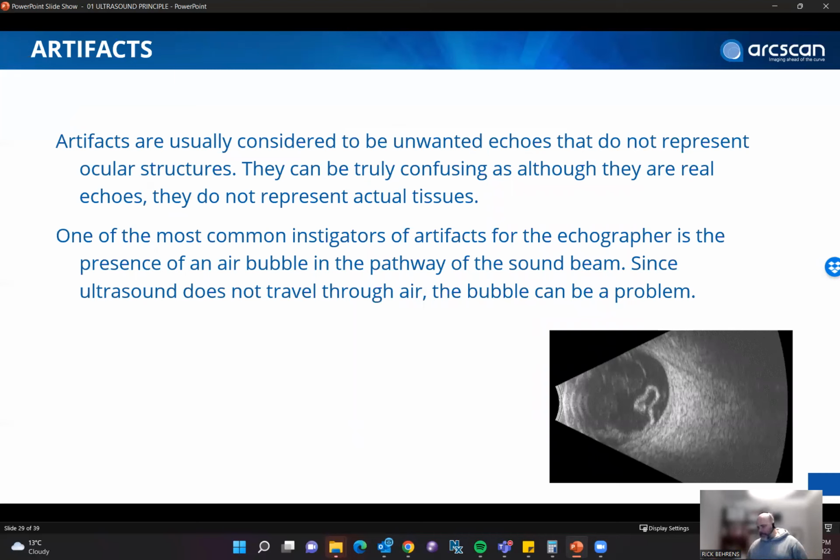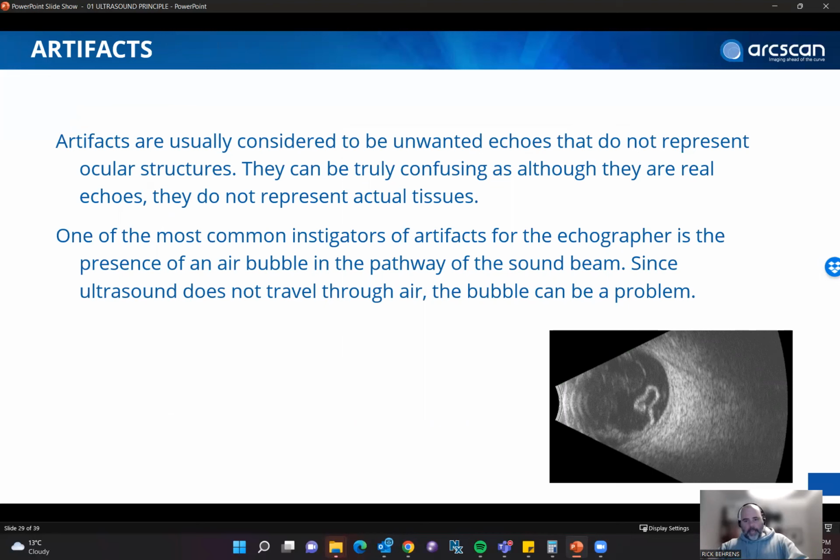Another thing we need to be careful about, especially with the membrane, is artifacts. Artifacts are shadows or things that are not there, so they are illusions of the ultrasound, shadows that appear from an object in front of the area of study.